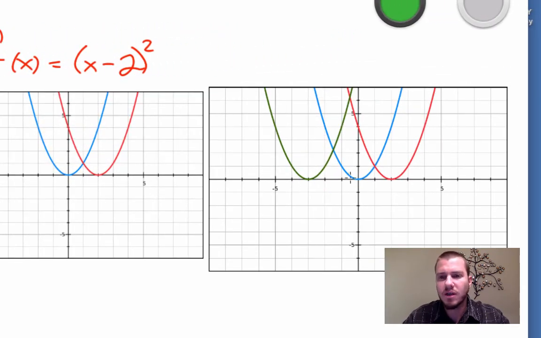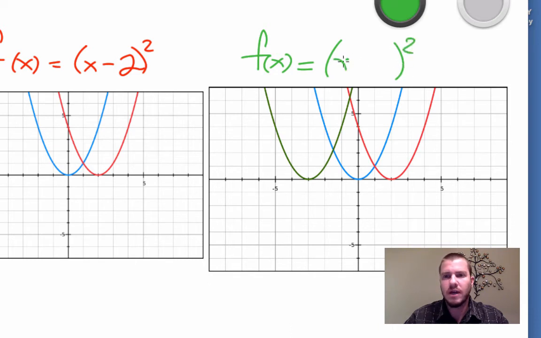So if we're looking at this green one, it was shifted left 3, and we're trying to write the function for it. Well, because it's shifted left to right, that's going to be the h, what's on the inside. But because it was shifted left 3, what's really happening is that h is a negative 3.